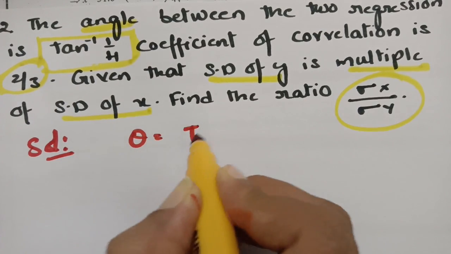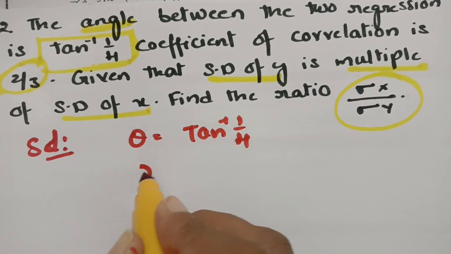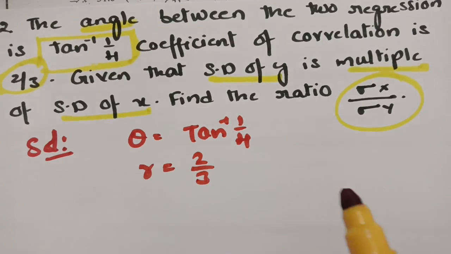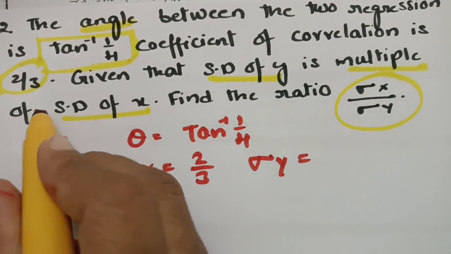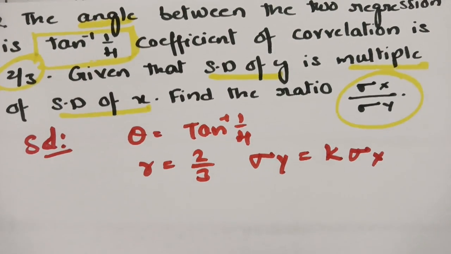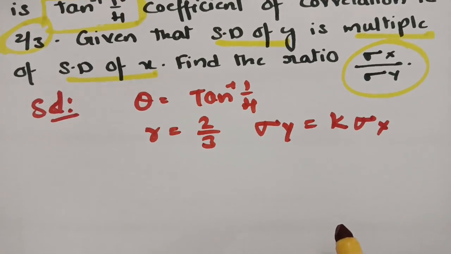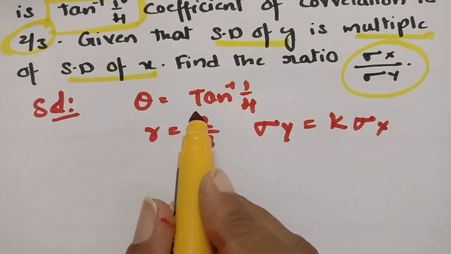Theta, the angle, is tan inverse of 1 by 4, r is 2 by 3, and sigma y is k times sigma x. Now we need to find the relation between sigma x by sigma y.